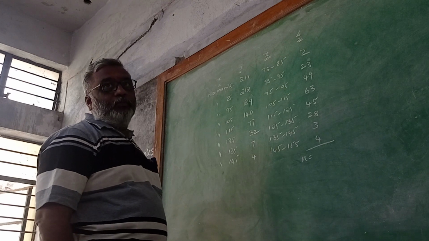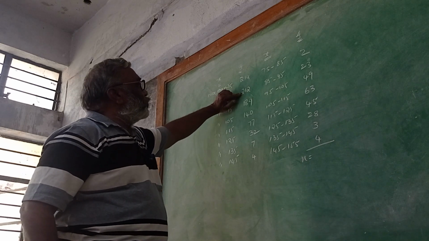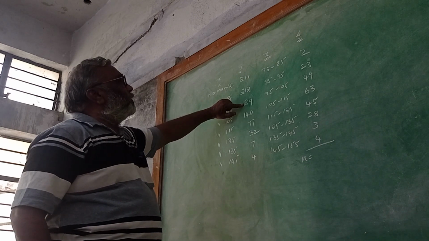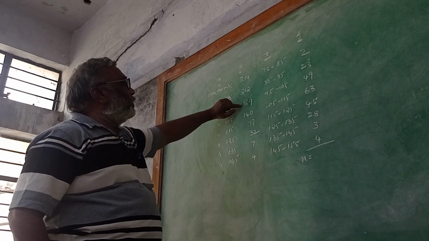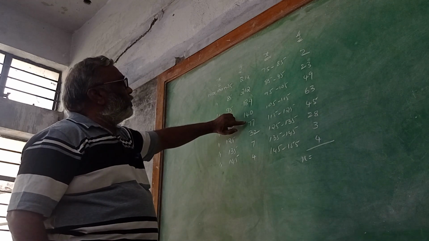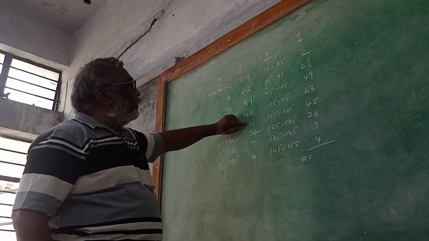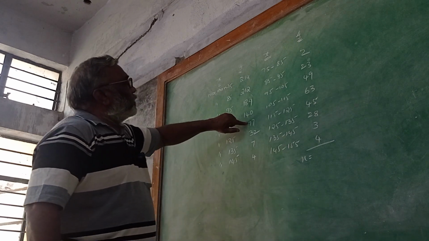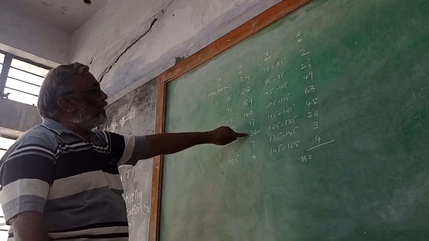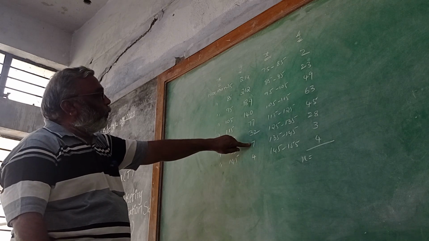This is wrong. 214 minus 212, 2. 212 minus 189, this is 23. Yes, sir. 189 minus 140, 49. 140 minus 77, 63. 77 minus 32, 45. 32 minus 7, 25.